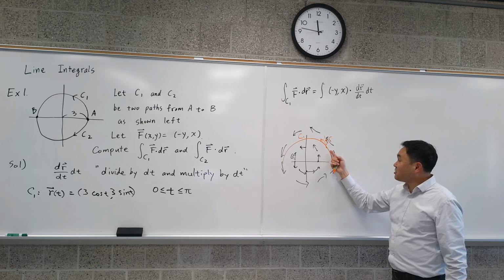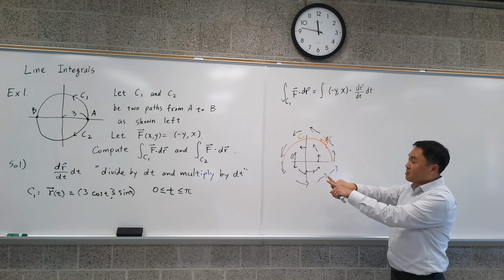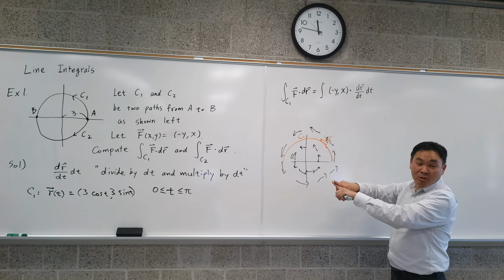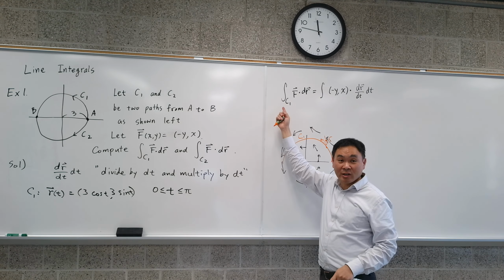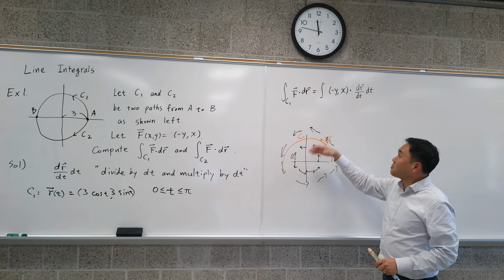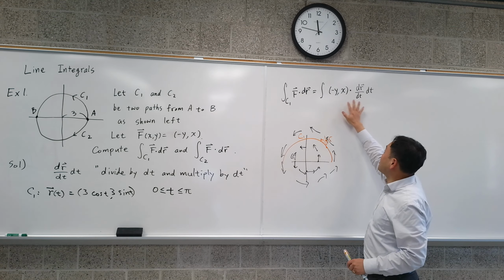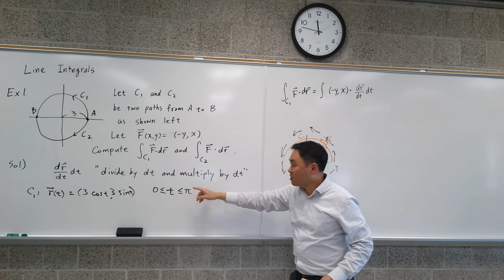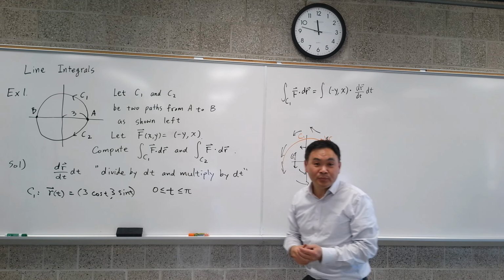Okay, so as it goes, it's doing a dot product with the vector that's also going in somewhat of a similar direction. You're doing the multiplication, and then you're adding it over the entire path C1. That's what we're calculating, okay? And because it's impossible to calculate this as it is, you have to convert this into a parametrized form. And to compute it with the parametrization, the trick is always divide by dt and multiply by dt. That's what I mean, okay?